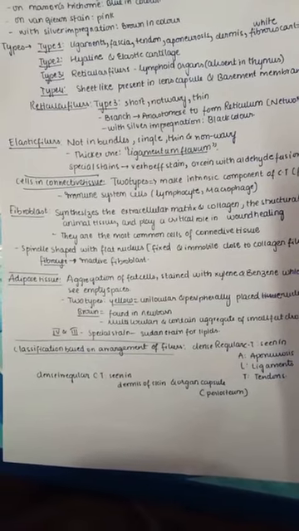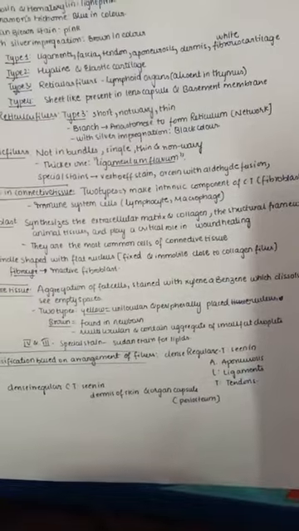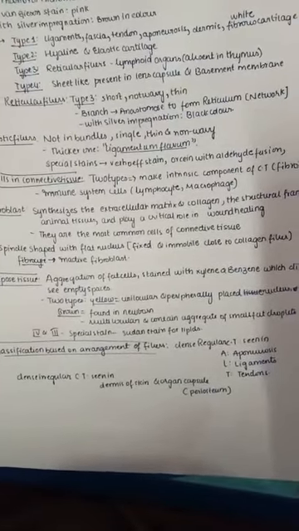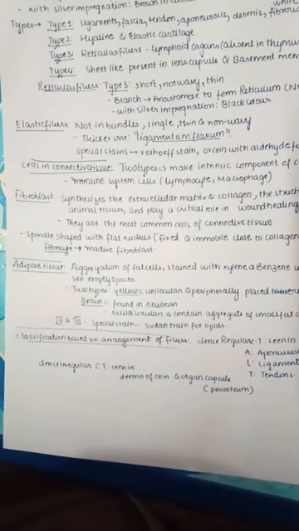Next, let's see the cells in the connective tissue. There are two types, intrinsic components of the connective tissue and immune system cells. The intrinsic components are mainly formed by fibroblasts and adipose tissue, and the immune system cells of the connective tissue are lymphocytes and macrophages. Next, see fibroblasts.